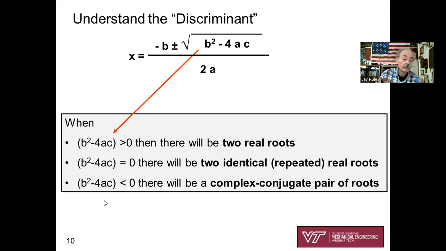Very unusual. Or the situation where b squared minus 4ac is a negative number. Well, there will be a complex conjugate pair of roots when b squared minus 4ac, the discriminant, is negative, because you end up with i. You remember the square root of minus 1 is i.